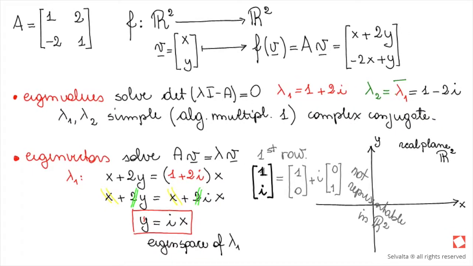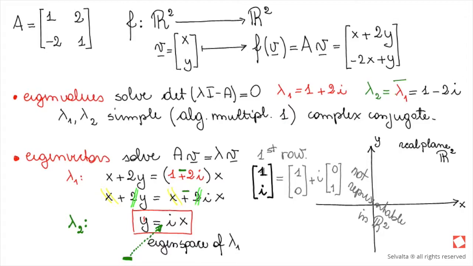Well, if now we want to search for the eigenvectors associated to lambda 2, there is no need to repeat the calculations. Lambda 2 is the complex conjugate of lambda 1, and it differs from lambda 1 because of the sign of the imaginary component. Then the system solved by the second eigenspace will be Av equal lambda bar v, then only a minus has to be taken into account in this case, and we will obtain the same result with a minus there.